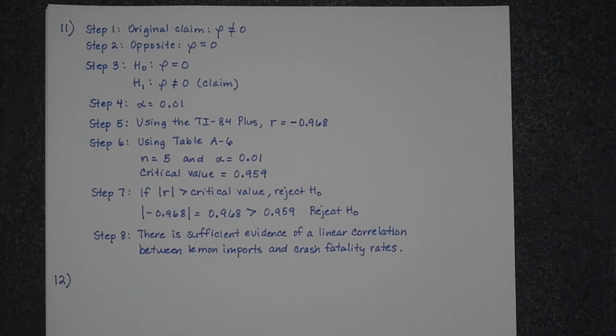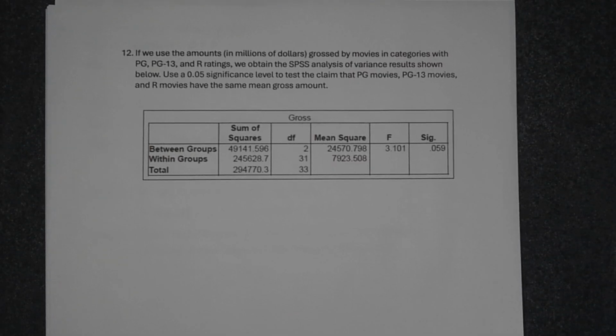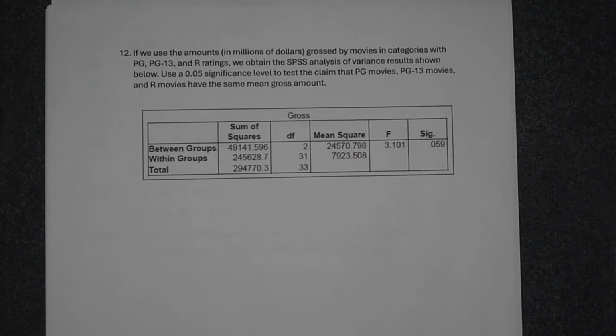This deals with the one-way ANOVA. If we use the amounts in millions of dollars grossed by movies in categories with PG, PG-13, and R ratings, we obtain the SPSS analysis of variance results shown below. Use a 0.05 significance level to test the claim that PG movies, PG-13 movies, and R movies have the same mean gross amount.